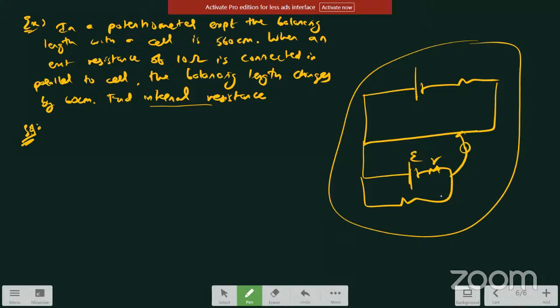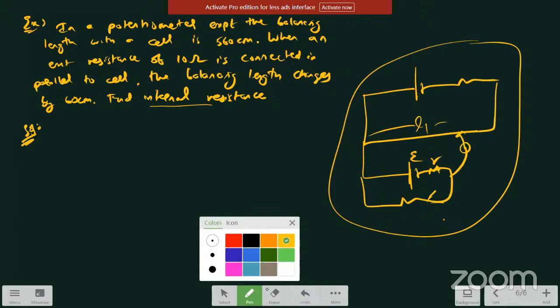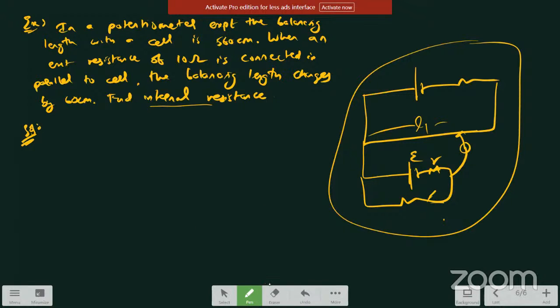And how will you remember this? By means of practice. There is no other way. And here is the balancing length. Initially the switch will be open, and later the switch will be closed.